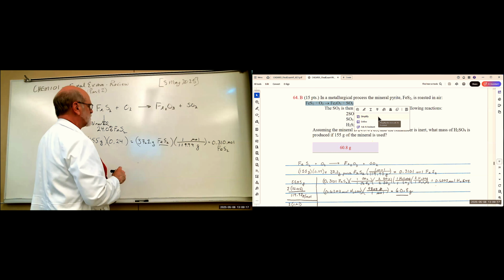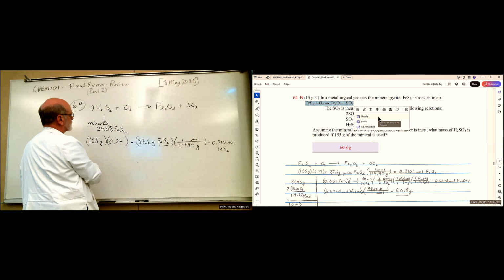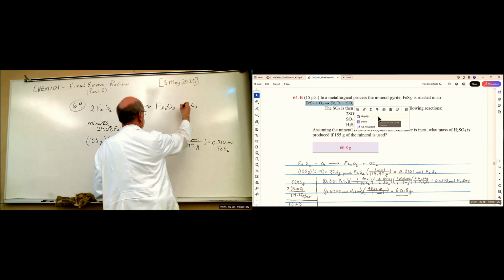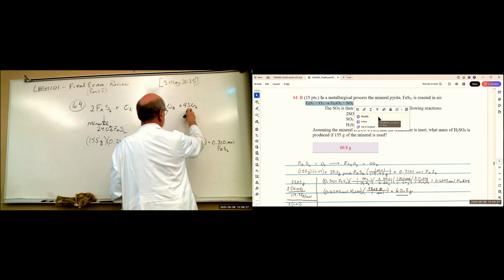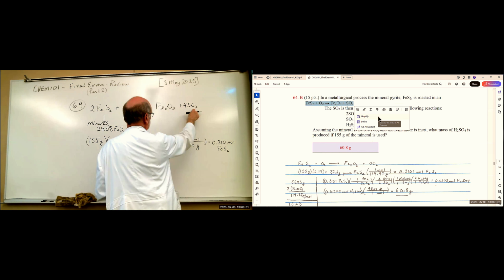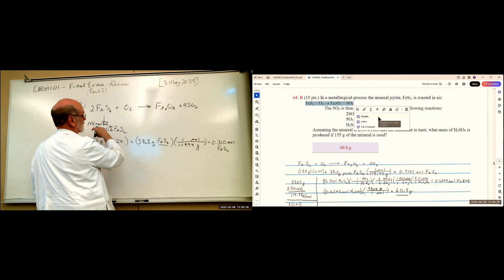Okay, let's see if we can do it without the budget method. 2 irons. Okay, 2 irons. That means 4 sulfurs. 4 sulfurs. So that's 8, 11 oxygens, right?